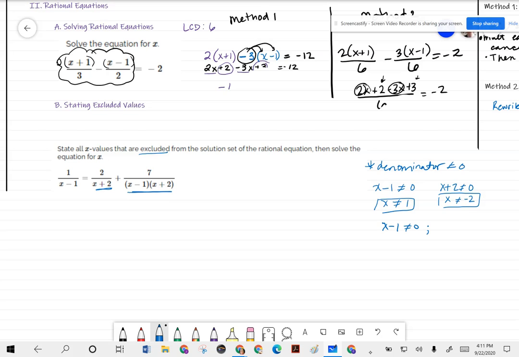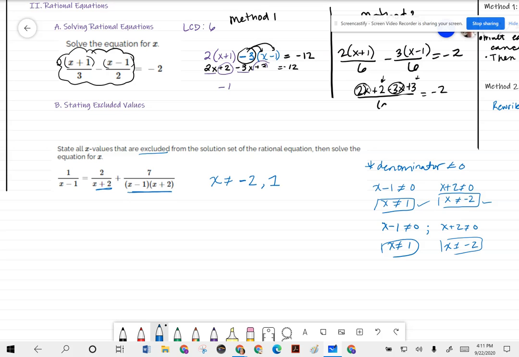So that's x minus 1, and then we've got x plus 2 not equal to 0. And so you have not equal to 1, and then you also have not equal to negative 2, which is something that we've already had. We already had that here and here. So the only exclusions we have is that x cannot equal, and now I want you to list them in order from least to greatest, x cannot equal negative 2, and it cannot equal 1. So those are our restrictions.